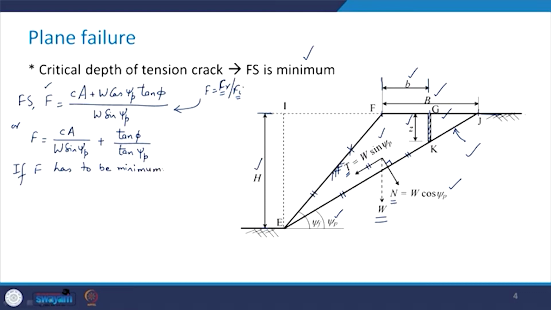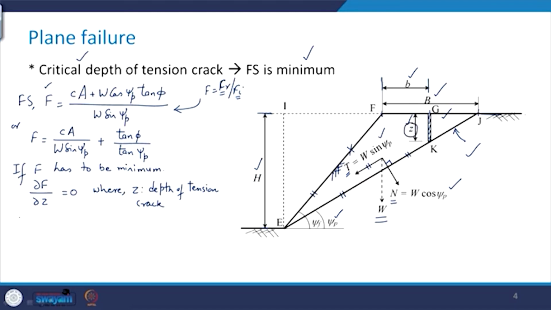Because in that case only we are going to get the critical depth of the tension crack. So, in that case this quantity del F del Z should be equal to 0, where Z is the depth of the tension crack.